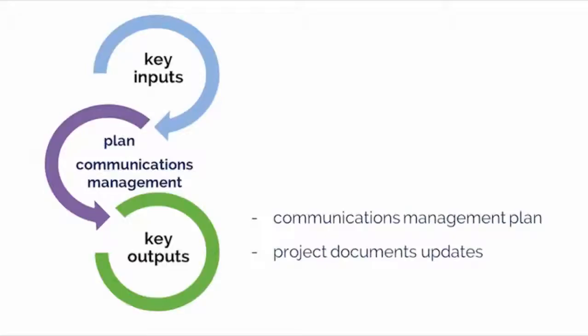Remember that the Communications Management Plan is a part of the overall Project Management Plan and will describe in detail the overall communication strategy for the project and should include, but not be limited to, the following: stakeholder communication requirements, information to be communicated, frequency of communications, and the person or persons responsible for communicating the information.